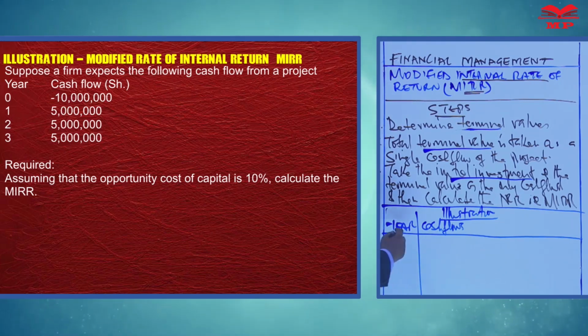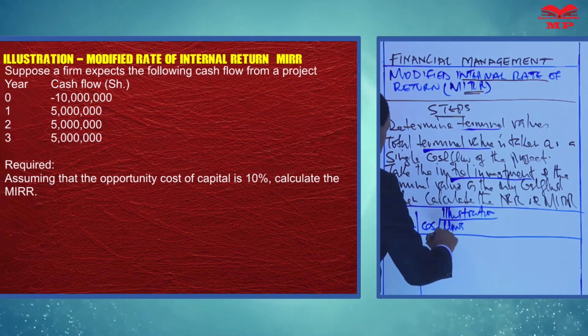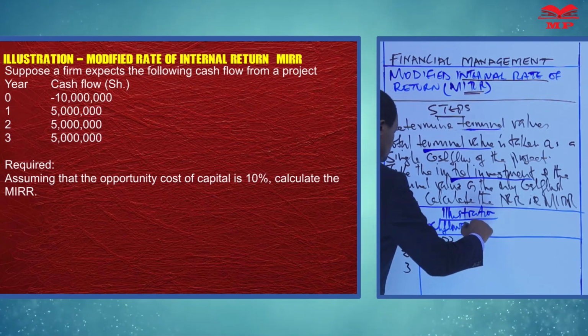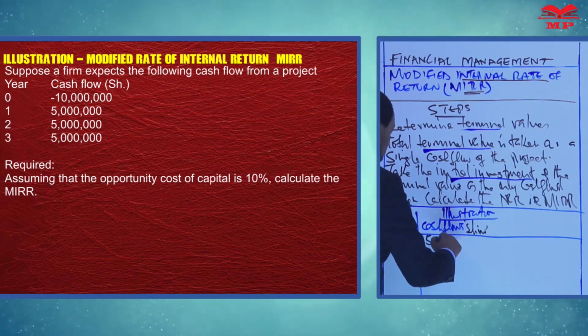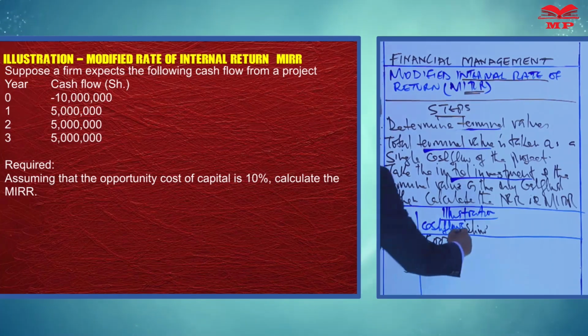So there is year 1, year 2, year 3, cash flows 5 million, 5 million, 5 million. These are cash flows.